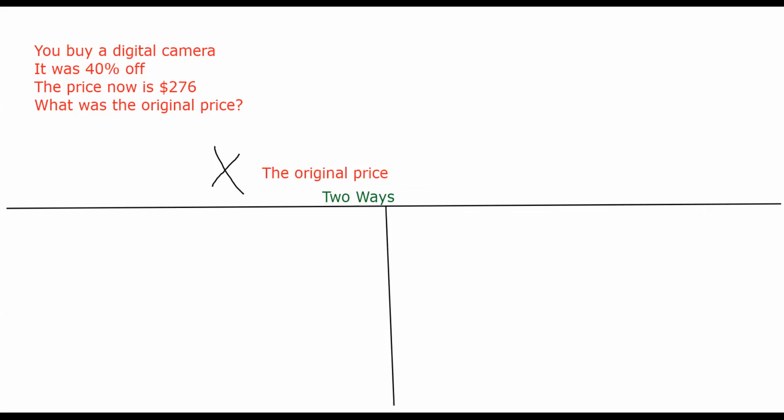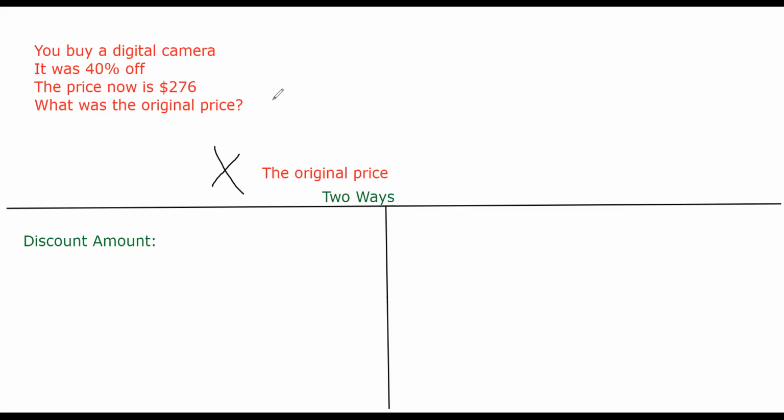Way one is just going to be the straightforward way. The discount amount is the physical dollar amount we slashed off the price. We don't know what that amount is at the moment, but we can express it in terms of x.